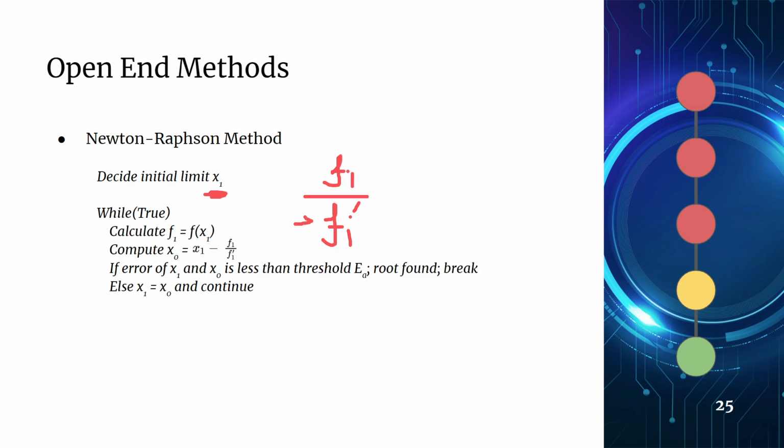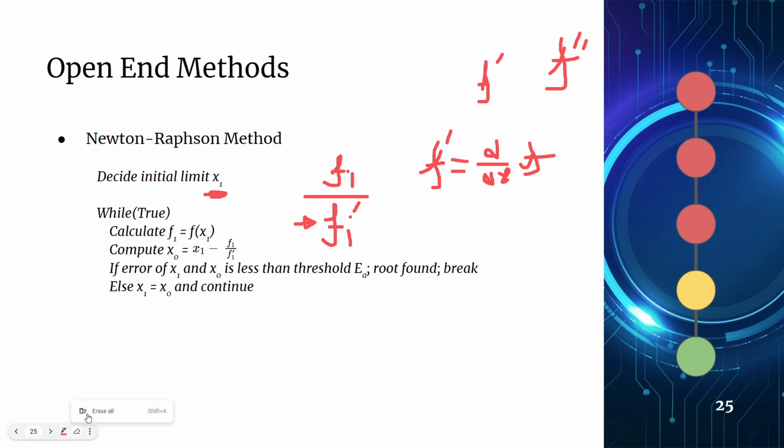Well, f prime actually means the first order derivative. If a function is given with a single prime, it means the first order derivative. If it is given with a double prime, it is the second order derivative. In other words, I need to calculate d/dx of f, and that will be the f prime of my equation.